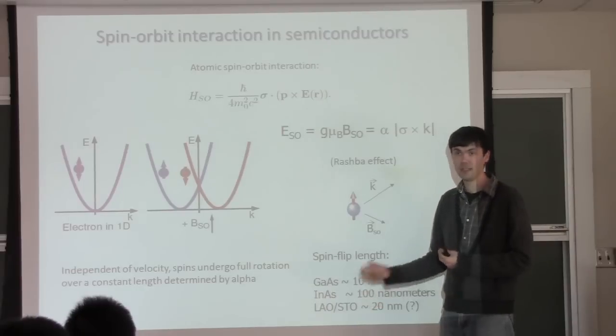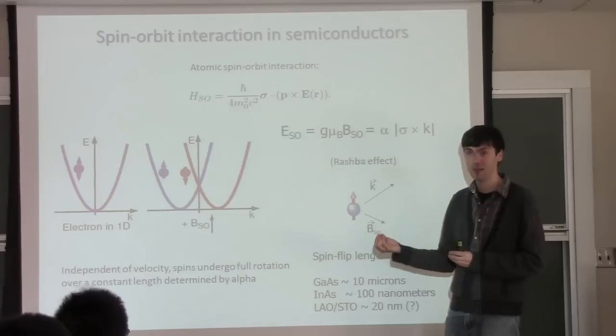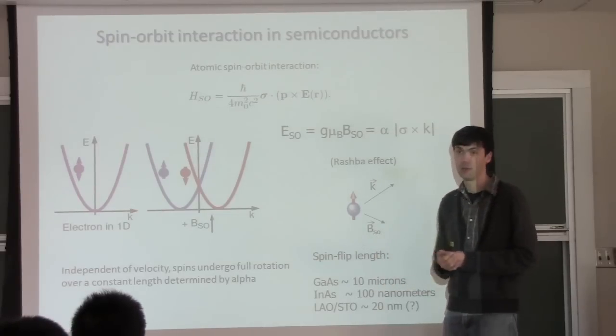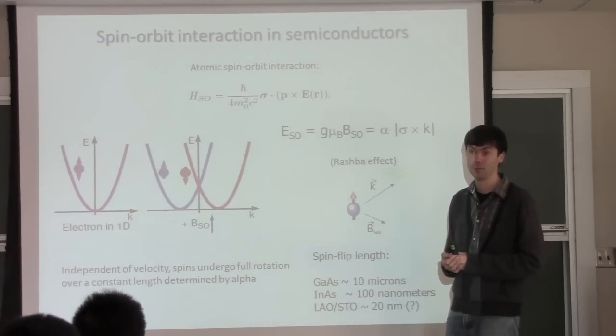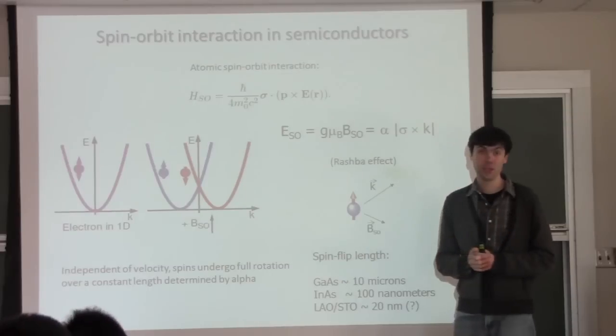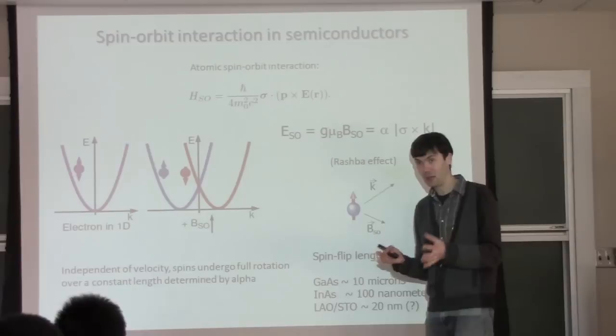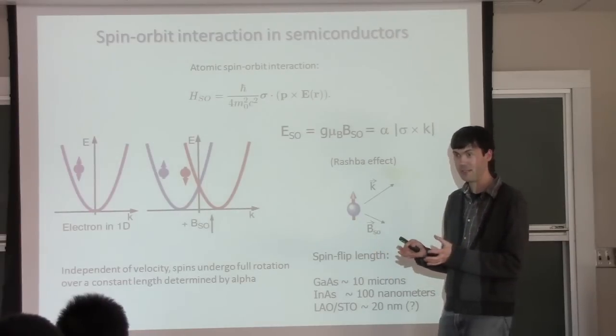So in indium arsenide and these nanowires that I work with in my own group, indium arsenide, indium antimonide, actually it is much stronger, about 2 orders of magnitude stronger. So you are in a 100 nanometer range. And you can also appreciate the meaning of this length, because remember, various length scales determine how large a device has to be in order to see these effects.